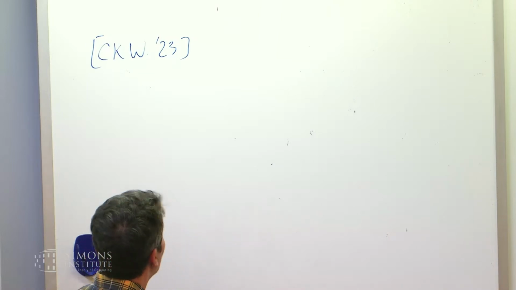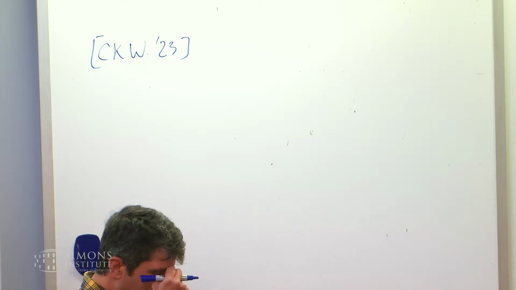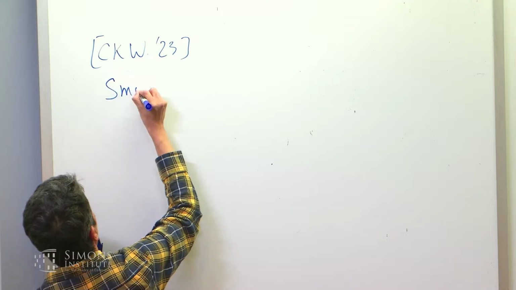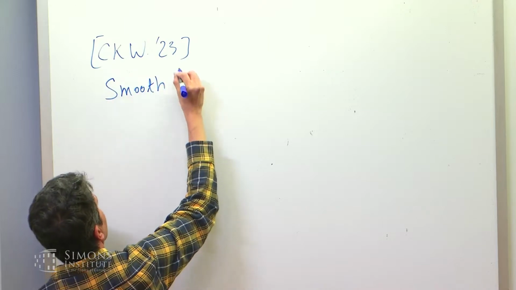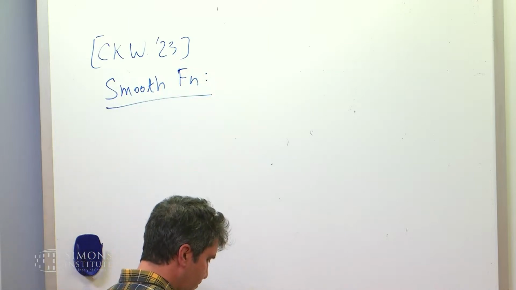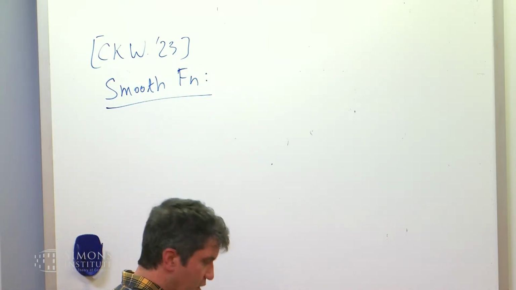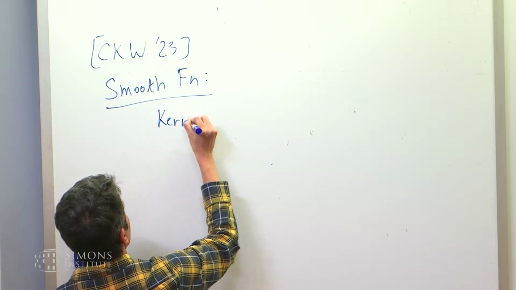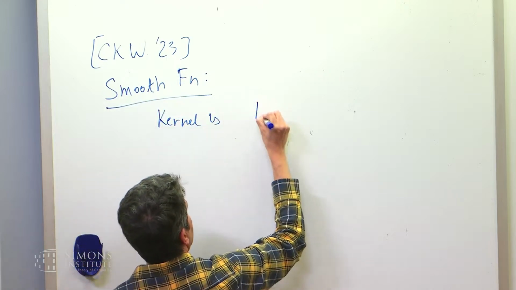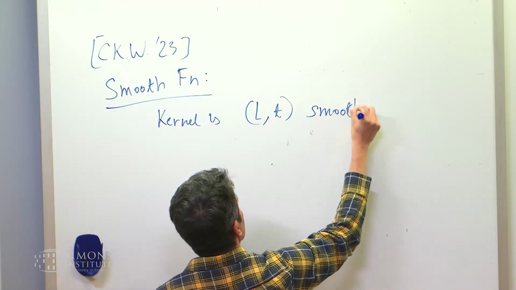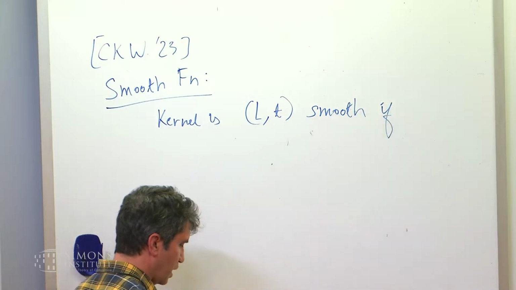Okay. All right. So first, I should tell you technically what a smooth function is. We don't actually need the definition, but just for completeness. If you have a kernel, I'll say that this kernel is (L, t)-smooth if it satisfies the following.